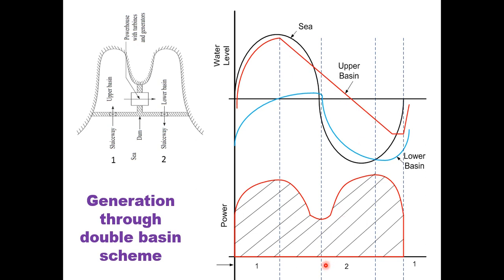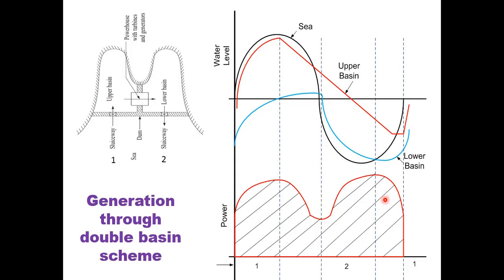Over here is the pictorial representation. Again sluice gate 2 will open from this point to this point, and remain open up to this time because there is sufficient head difference, and you will get the power output. Similarly we are getting enough power generation in both cases, known as the two-way turbine power generation scheme.